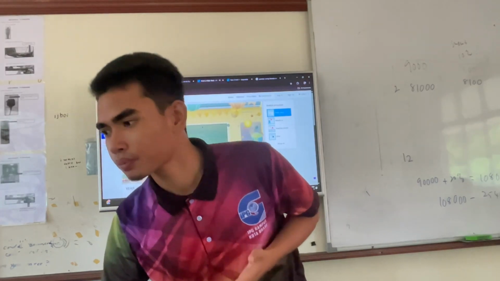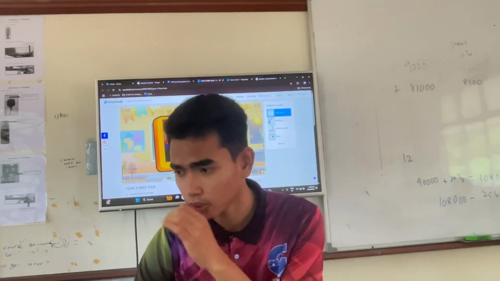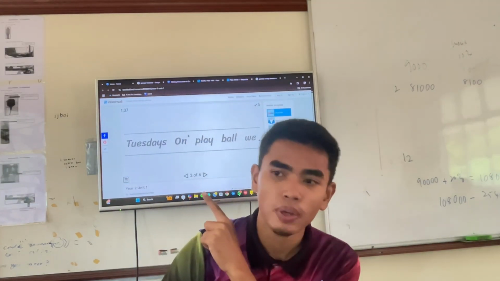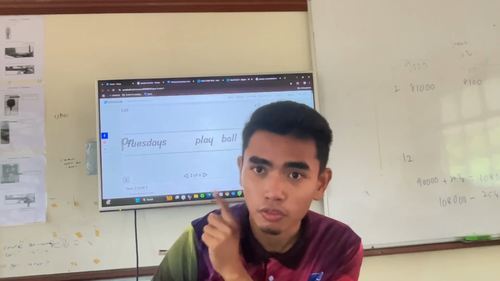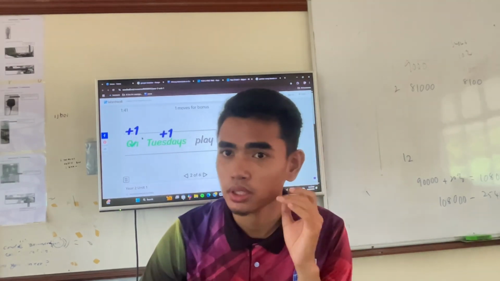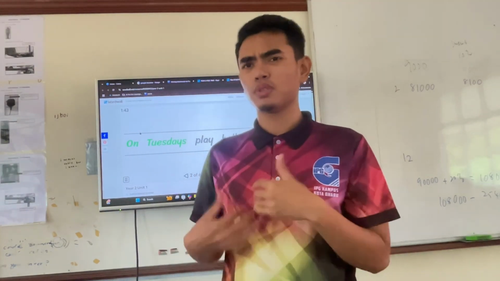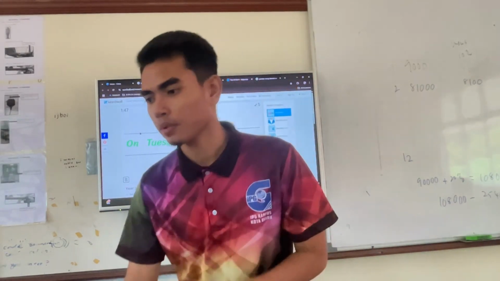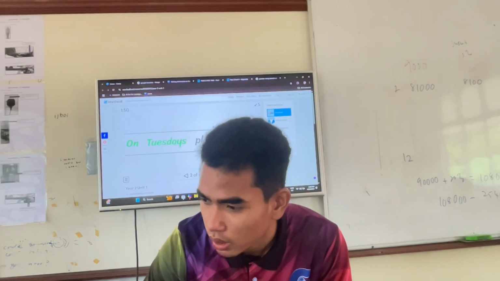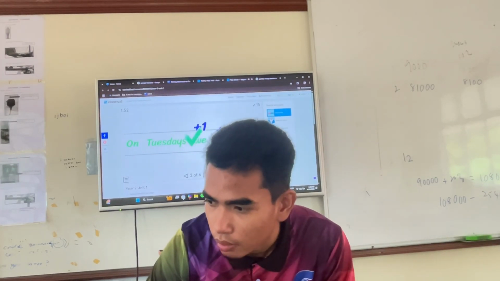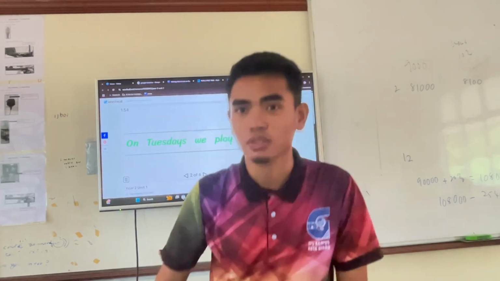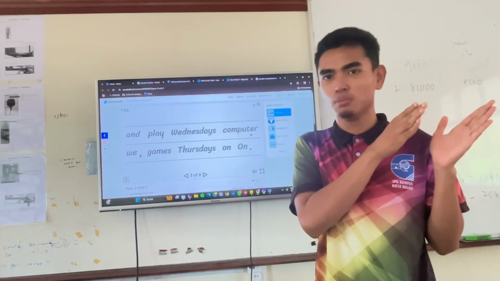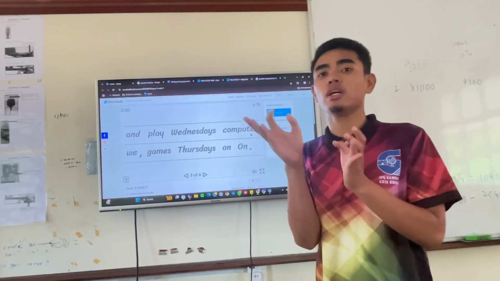For example, when they spell it, "on" is always at the front because we need to state the days, and the preposition for the days is "on". So on Tuesdays, of course, "we" needs to be after Tuesdays. And when we get it correct, "play ball" is already correct.